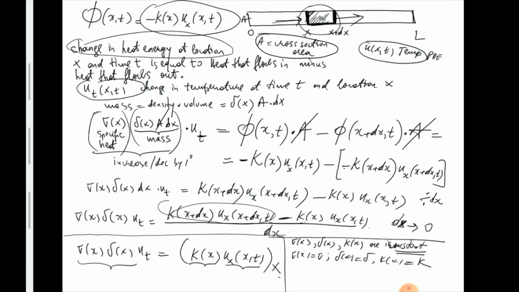If that's the case, then this k of x, being a constant, pops out of the derivative. So you're left with sigma delta u partial t equals big K u partial x twice. Let's write it down on a second page. The equation now becomes sigma delta u partial t of u(x, t) equals some constant, that heat conduction term, big K, u partial x twice of little (x, t).